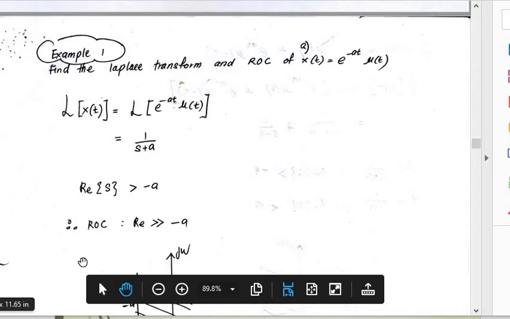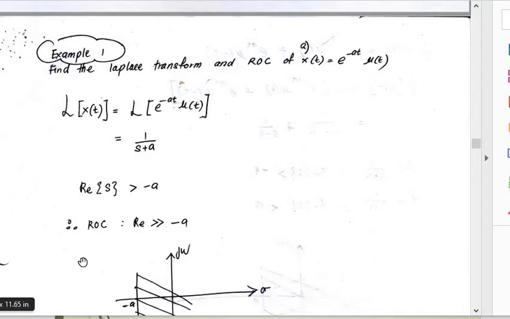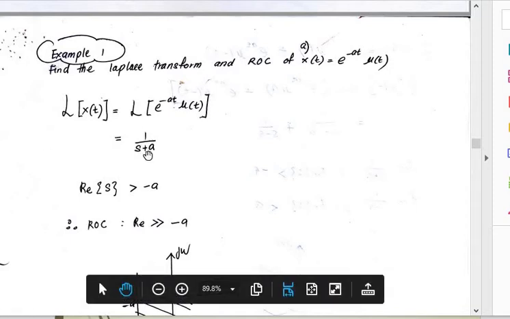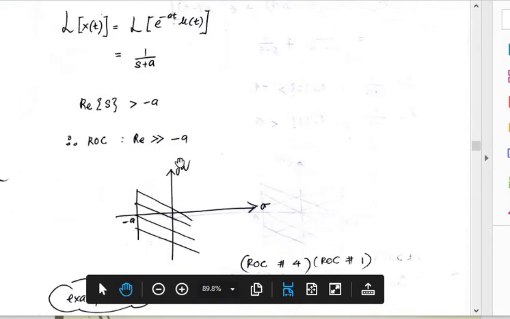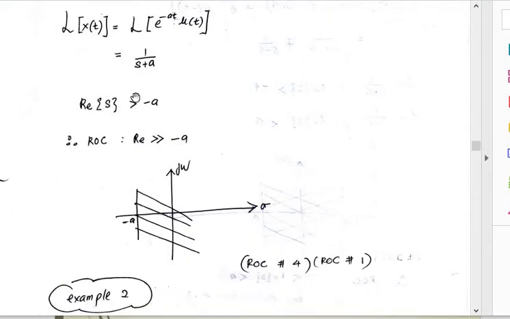Find the Laplace transform and the ROC of x(t) equal to exponent negative at, u(t). This is a previous example in which x(t) is exponent negative at u(t). We get X(s) is 1 over s plus a. Now we want to plot the ROC. The real part is s more than negative a, from the previous.